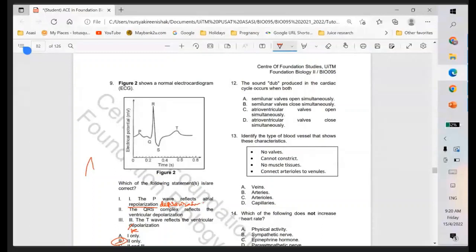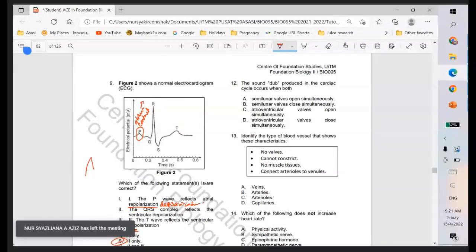Okay, so which of the following statements are correct? Kalau P ni, you know that it is the stage where the atrium contract. Okay, in order for the atrium to contract, kena ada impulse. Kan, kena ada the transmission of impulse. So contraction is impulse, that causes the cell of the cardiac muscle to be positively charged, depolarized.